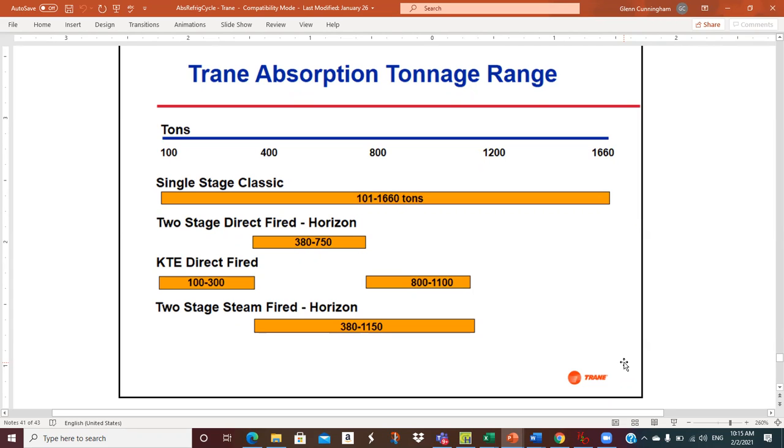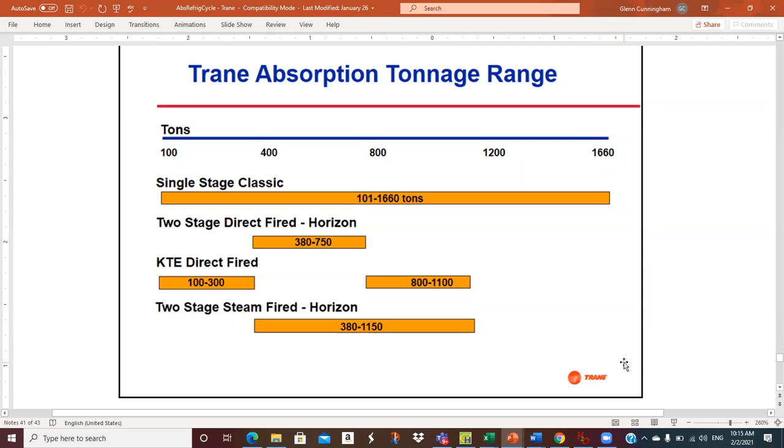It probably doesn't matter, but I think it should say 100 to 1660 tons, and 1660 tons is a big chiller. Now remember, what's a ton? A ton of cooling is 12,000 BTUs per hour. So you take tons times 12,000, that gives you BTUs per hour of cooling capacity. Okay, and then we've got a two-stage direct fired Horizon from 380 to 750.